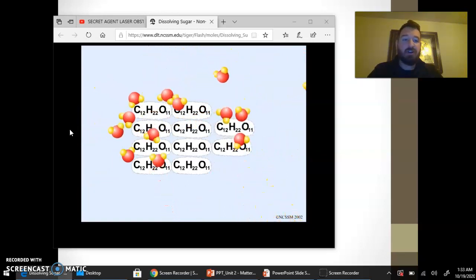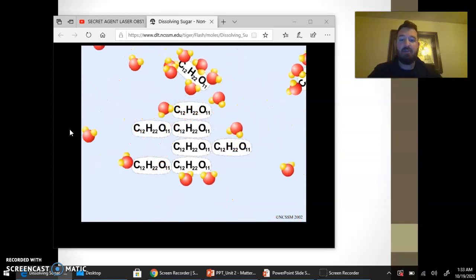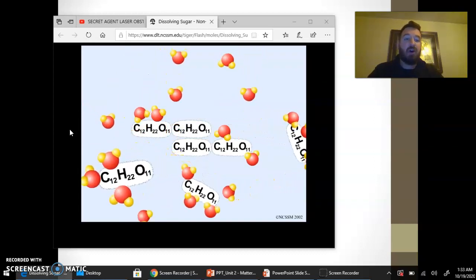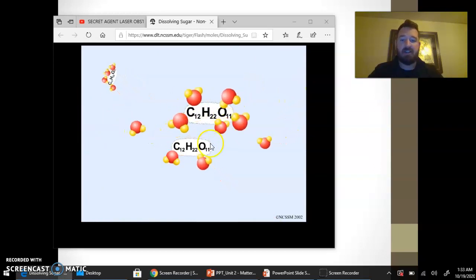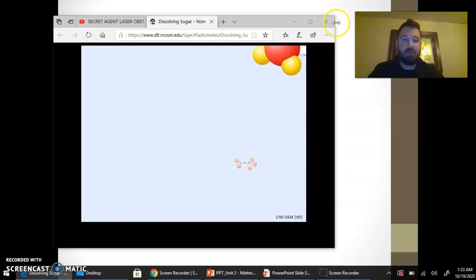So the sugar is still sugar, it's not changing its identity. The water is still water. But it's dissolving, and breaking down into such small parts that we cannot see it. And this is what happens with a solution. Awesome.